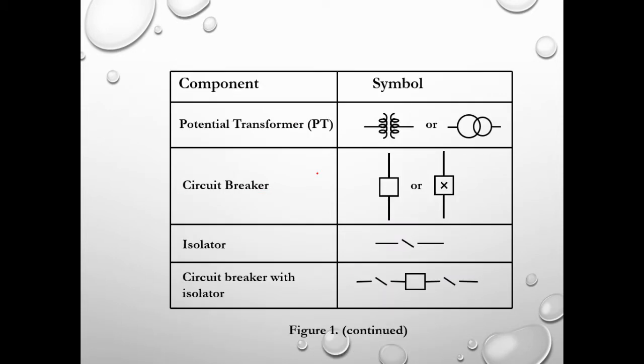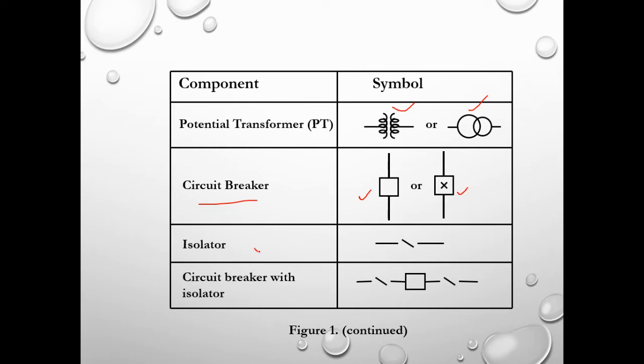So again, another example of components. We have PT or potential transformer, to measure the voltage. Okay, we do have again the coil symbol or the circle symbols. The breaker can be this box symbol or a box with a cross inside.